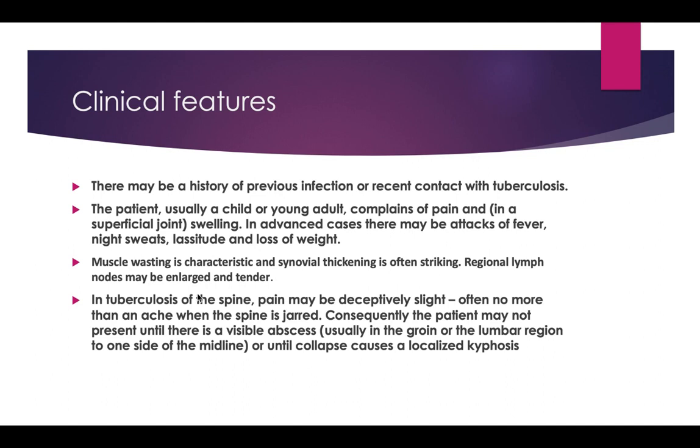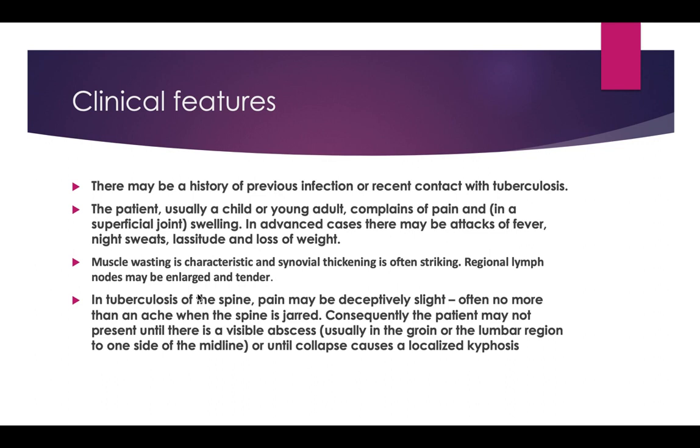ESR was 100 plus, C-reactive protein highly positive, white blood cell lymphocytosis, all are signs of TB. Unfortunately, she was diagnosed as a case of TB, and she received anti-TB treatment, and she was cured, alhamdulillah.